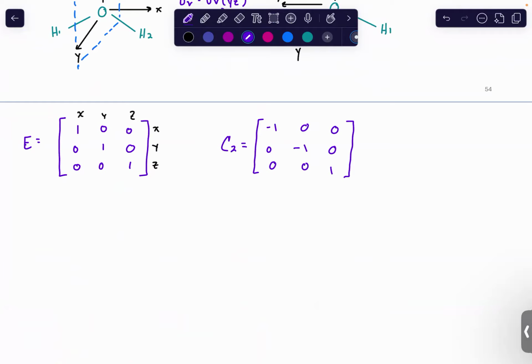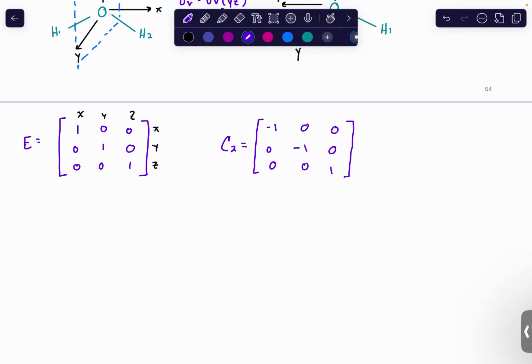Now, the great thing is that every single symmetry element is going to have common rotation matrices. That's why you really only need to look at certain molecules to get it set up. Because as you go through the same kind of symmetry element in another point group, another molecule, it's going to have the same rotation matrix.